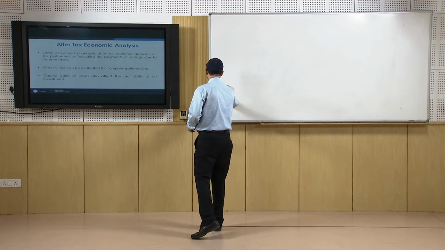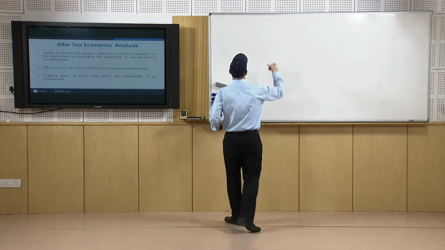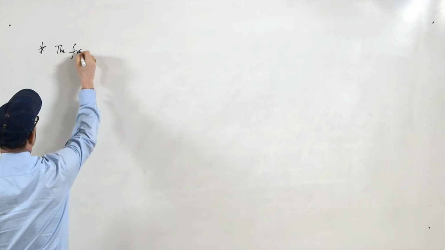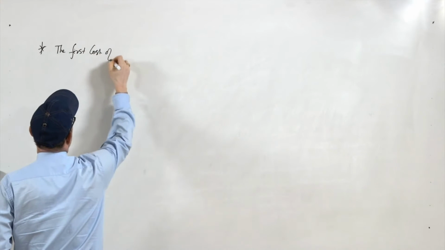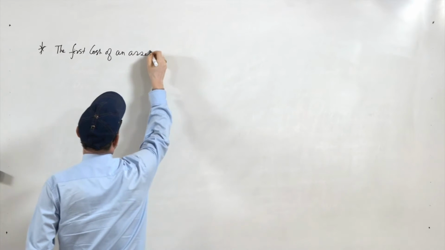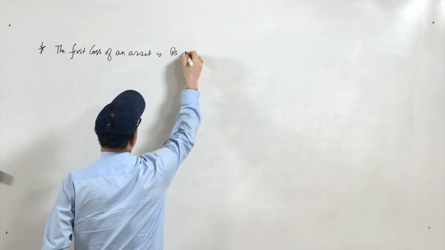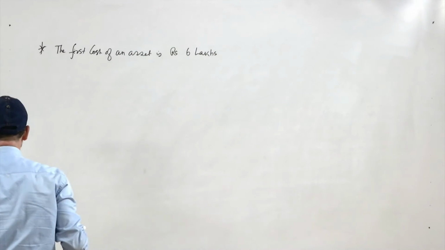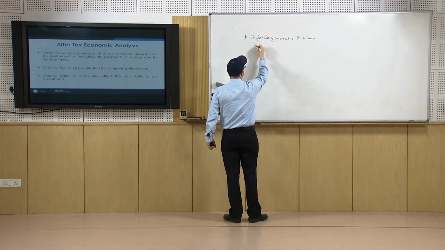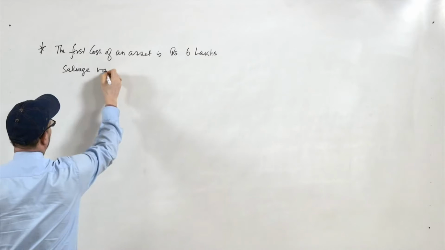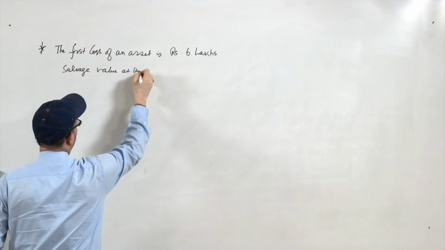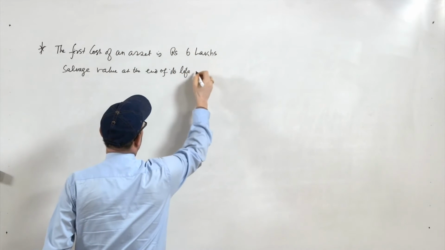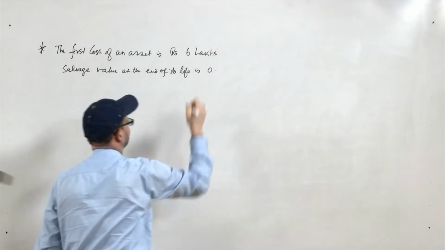So, let us deal with a question where it is given that the first cost of an asset is taken as rupees 6 lakhs. Its salvage value at the end of its life is 0.